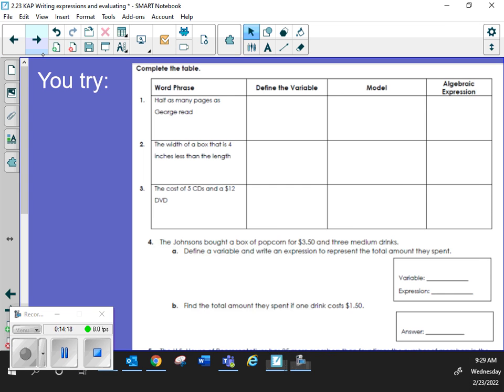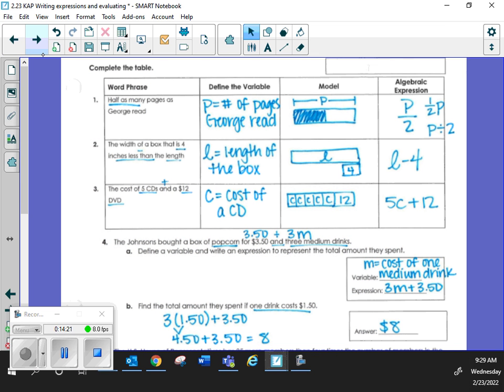All right, here is the answer key. Division, I saw a lot of people do some different models for division. Remember, that is one that I showed y'all. Please fix it. I think that's pretty much the only way you see it, where the whole thing is the number of pages, and you might use a different letter, but it's showing that the whole block is 1 and splitting it in half.